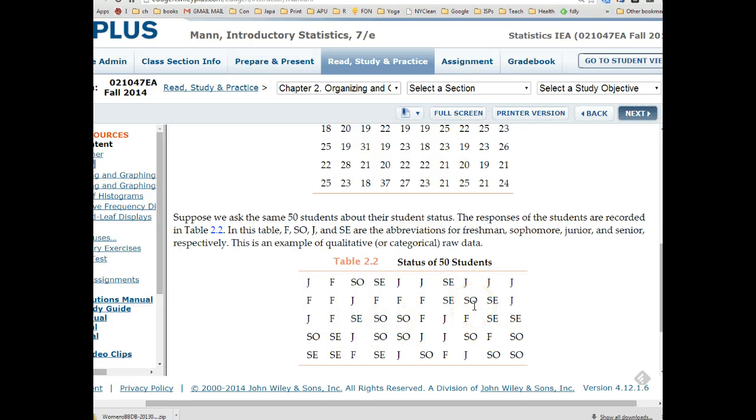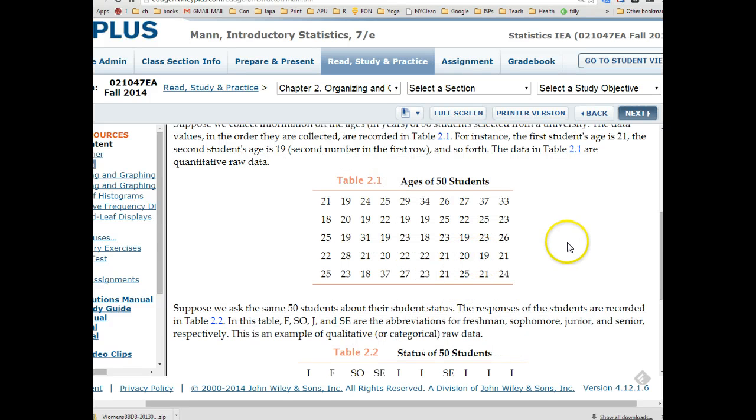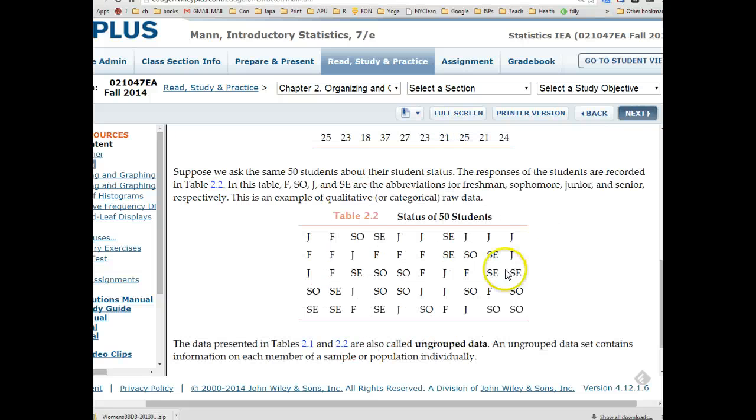Okay, now, which one is clearly numeric data? The age is clearly numeric. Now you might argue that this is also kind of numeric, right? Because there's kind of order there, right? Freshman is before sophomore, sophomore is before, right?